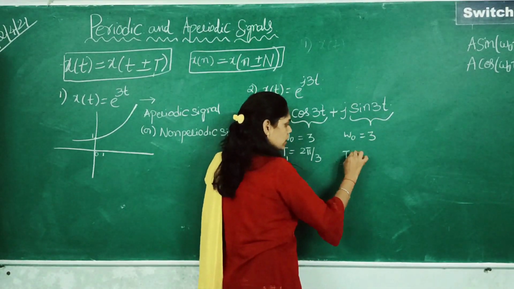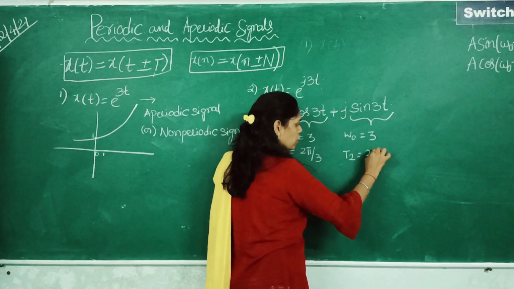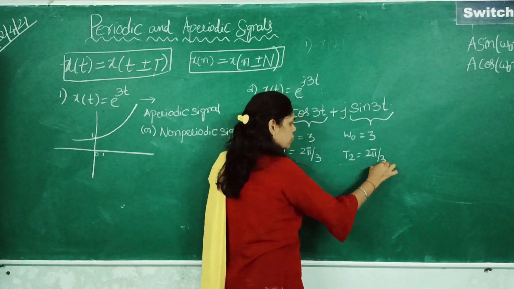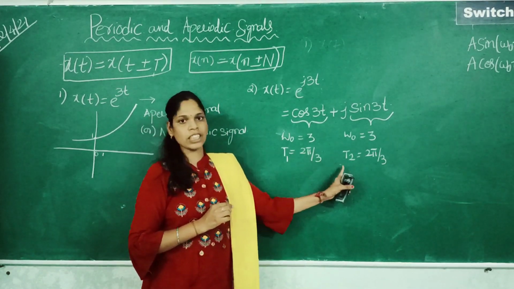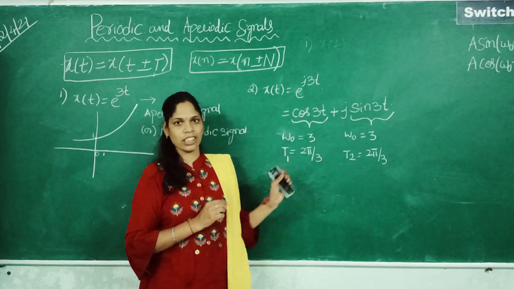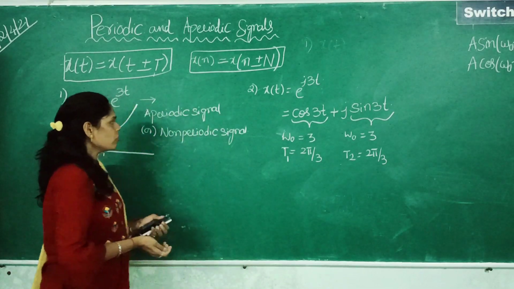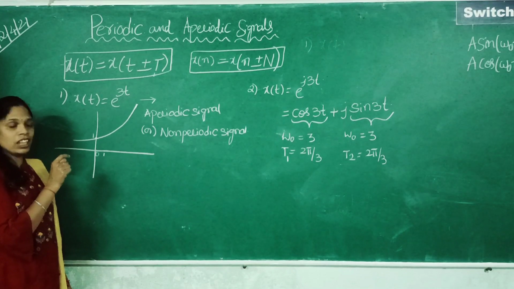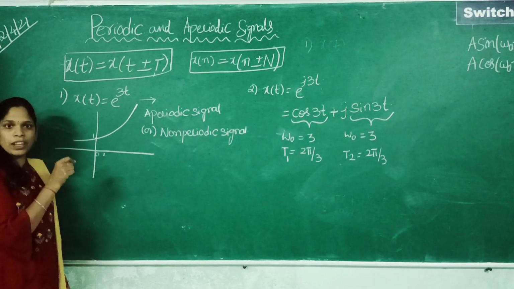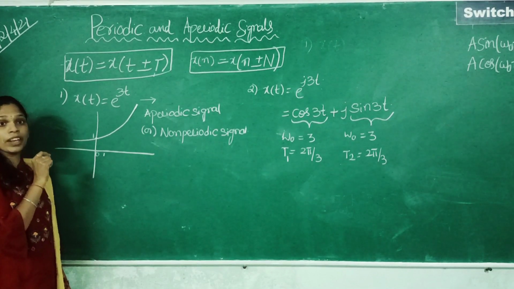Let us consider T2 equal to, what is the value we get? 2 pi by 3. So these two signals are periodic in nature. T1 as well as T2 both are periodic here. See the example here. The first signal is x of t equal to e power 3t, a real exponential, so that signal is not repeated. Then that signal is nothing but an aperiodic signal.